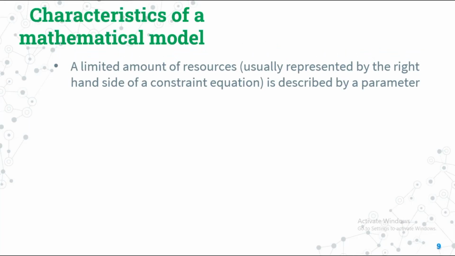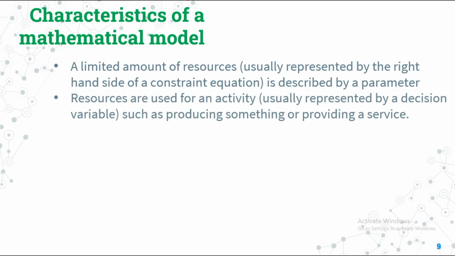Now let's move to the characteristics of a mathematical model. 1. A limited amount of resources, usually represented by the right-hand side of a constraint equation, is described by a parameter. 2. Resources are used for an activity, usually represented by a decision variable, such as producing something or providing a service. 3.